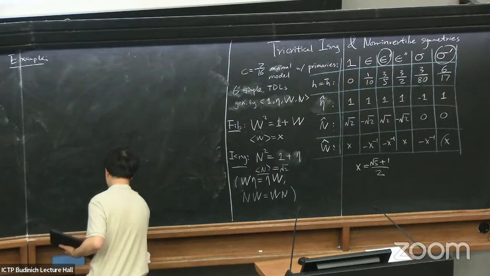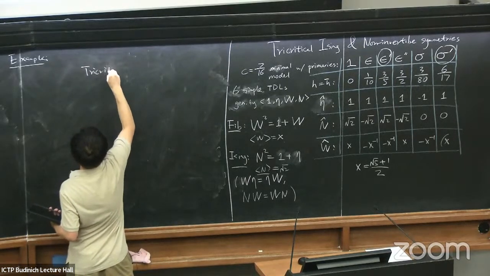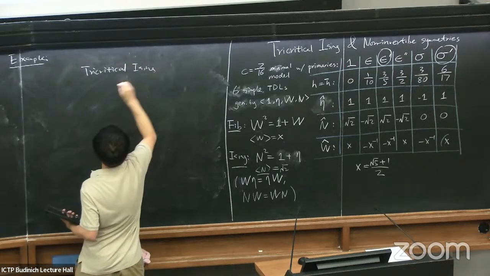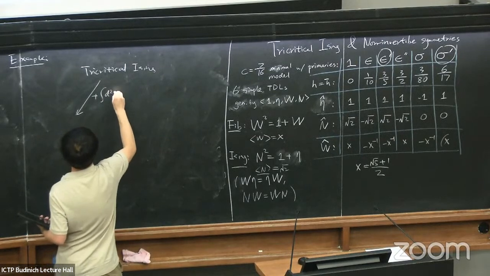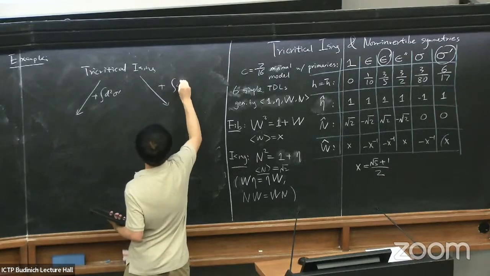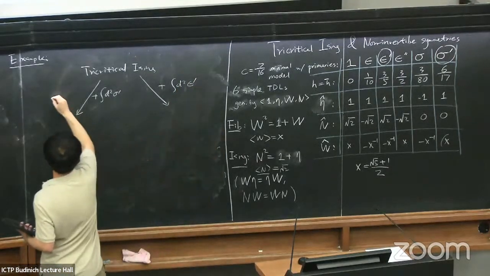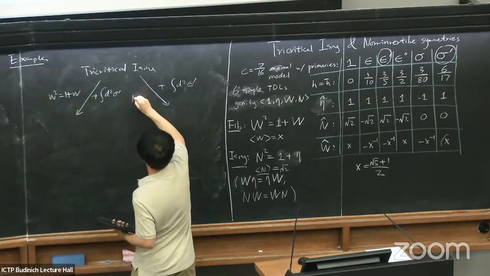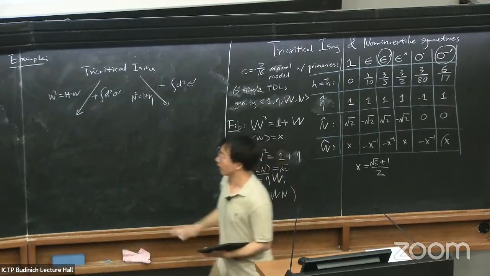So what this means is that we have the immediate prediction that the tricritical Ising deformed by sigma prime, and deformed by epsilon prime, preserves the Fibonacci category in one case and the Ising category in the other. So they cannot be trivially gapped.